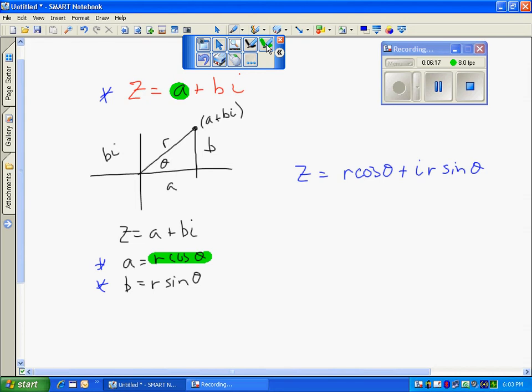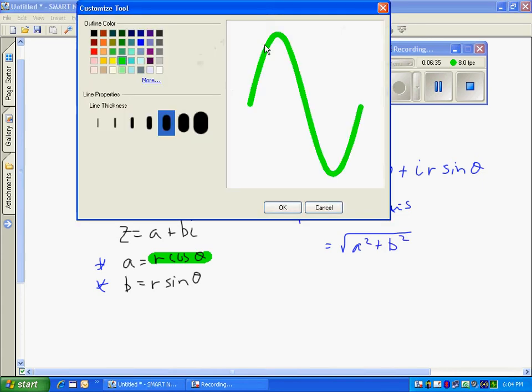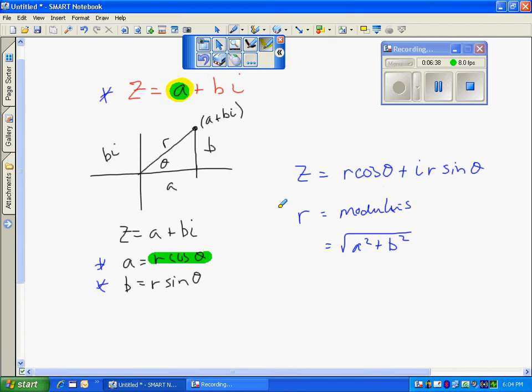Now again, we want to know r in this case, called the modulus. So if I look at r, that's going to be the square root of a squared plus b squared. Now notice where a and b come from. And then I have this idea of theta again.